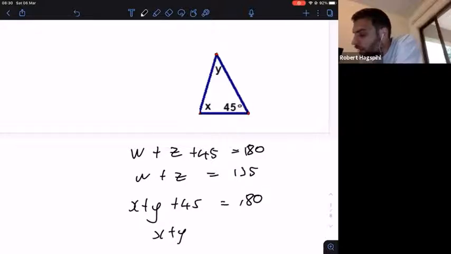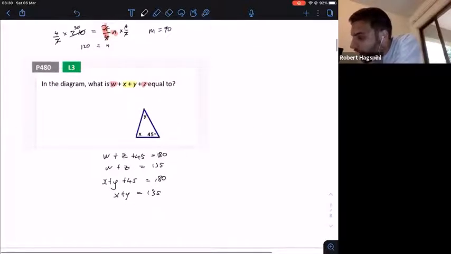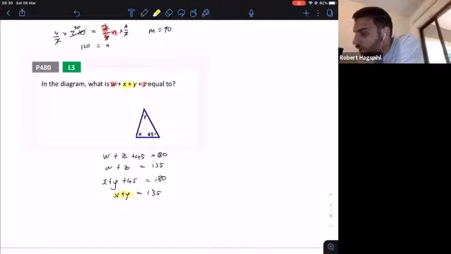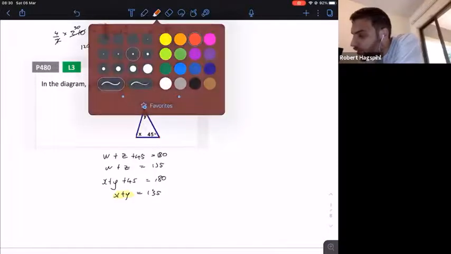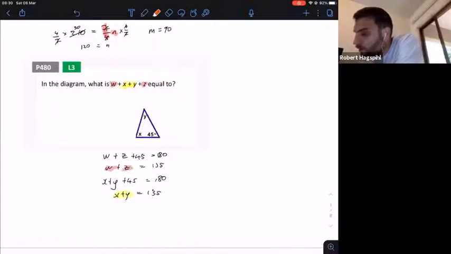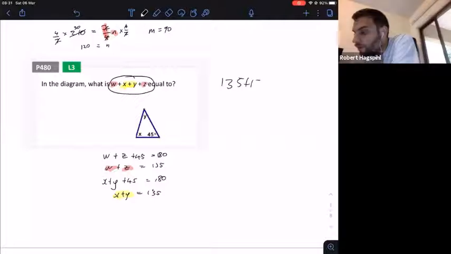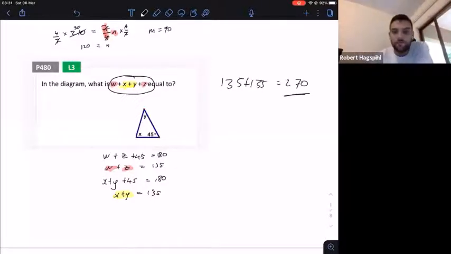So x plus y is equal to 135. Awesome. So now what do I have? The yellow is equal to 135 and the red is equal to 135. And so this together is going to be 135 plus 135, which is equal to 270.